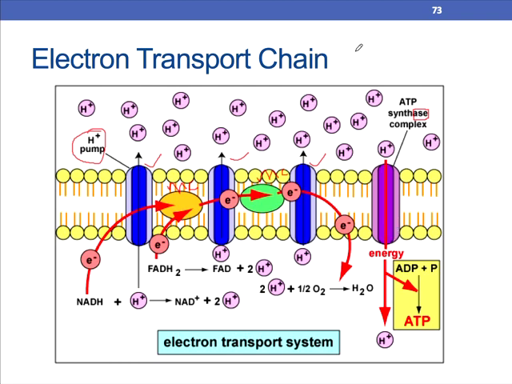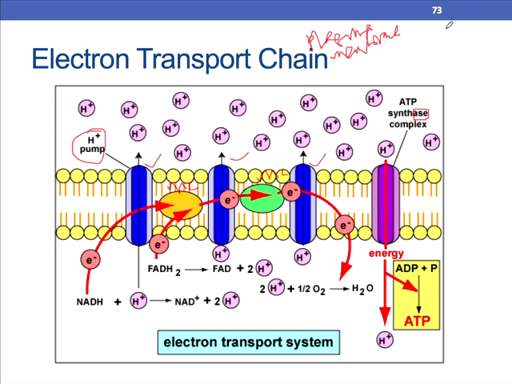Now, the electron transport chain in prokaryotes occurs in the plasma membrane. In eukaryotes, it occurs in the mitochondria.